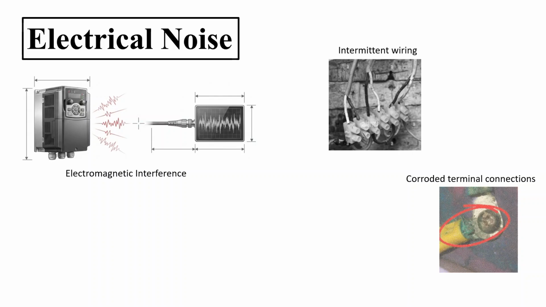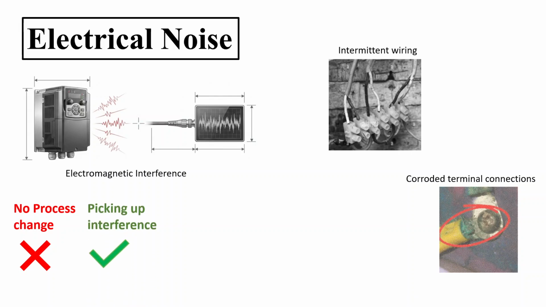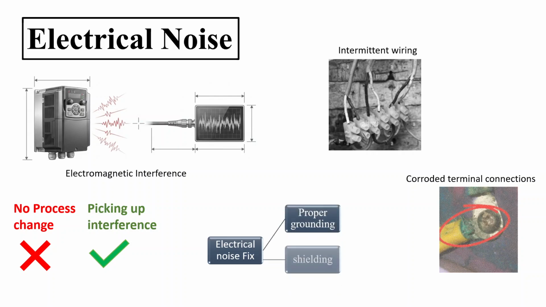All of these can inject random spikes and fluctuations into your signal. The reading is jumping not because the process is changing, but because your signal cable is picking up interference. Proper grounding, shielding, and clean connections go a long way here.